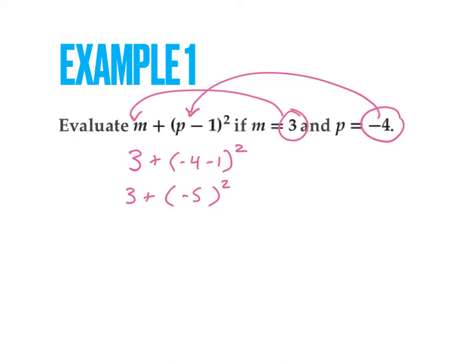What do we do next? Exponent. So this is -5 times -5. What's -5 times -5? 25. And then next we just do 3 plus 25, which is? 28. 28, awesome.